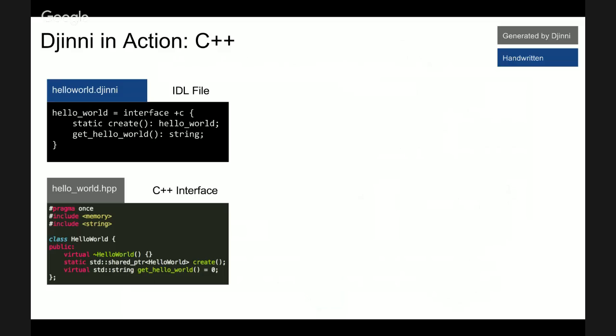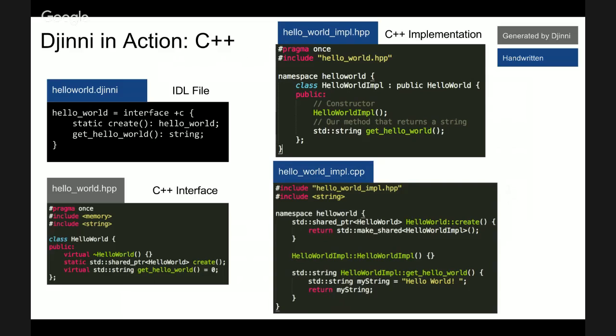If you see the keyword virtual, that's basically C++'s way of making an interface. Another class would then implement these methods. Then we get to our handwritten C++. There's a header file and the CPP file where we implement all the things that we outlined in our configuration.